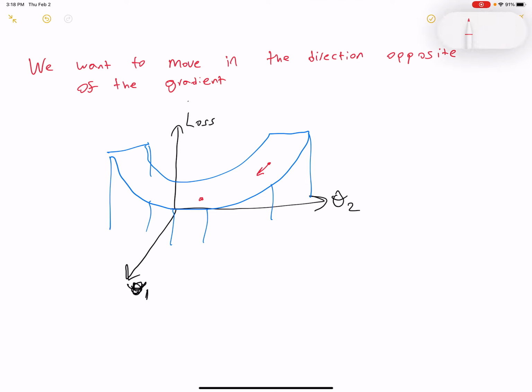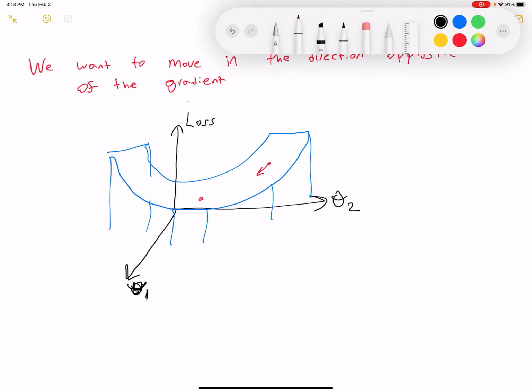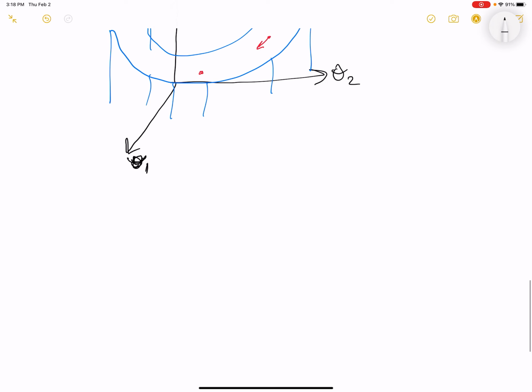Okay, so specifically, do we have an equation for how the parameters are updated? Yes, we do.